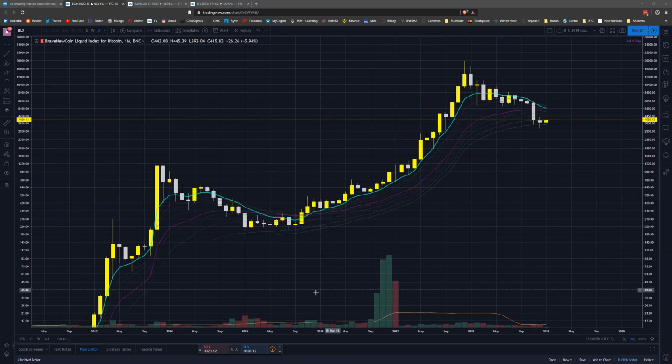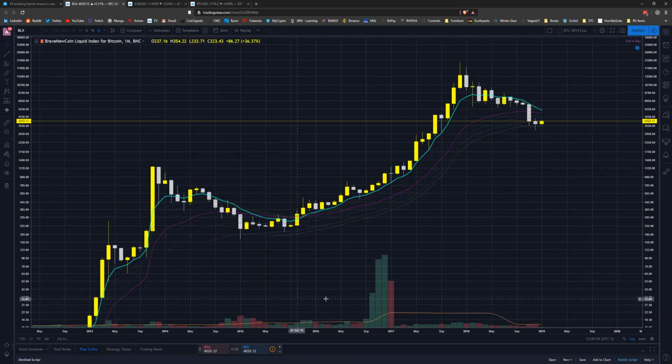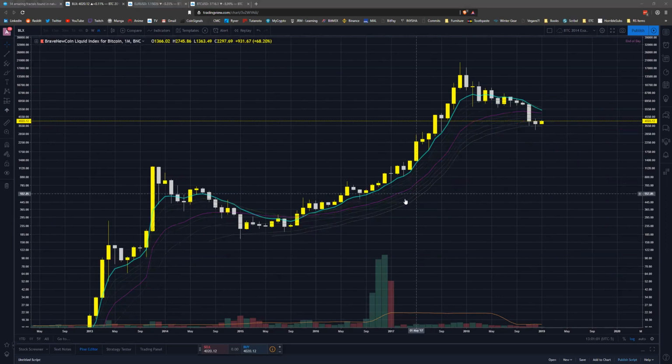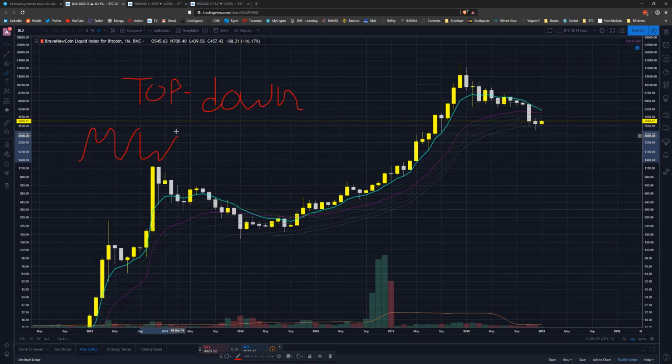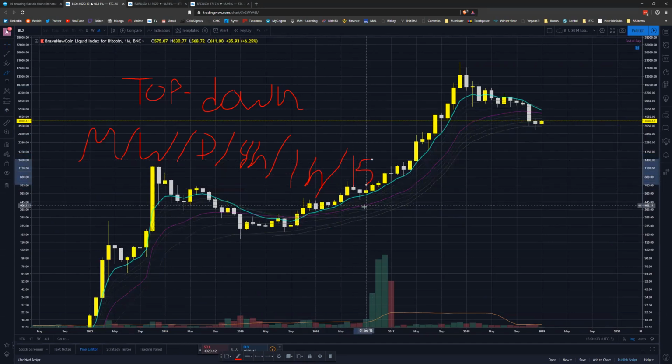What this is going to do is help give us some insight into why I'm always using multiple time frames in this analysis. You'll see me talk about this idea of a top-down analysis. A top-down analysis is where we start with our highest time frame and take that into consideration before any other time frames, and then move our way down from the monthly to the weekly, the daily, 4 hour, 1 hour, down to the 15-minute for our day trade.